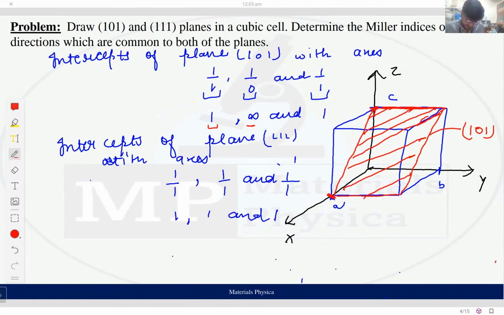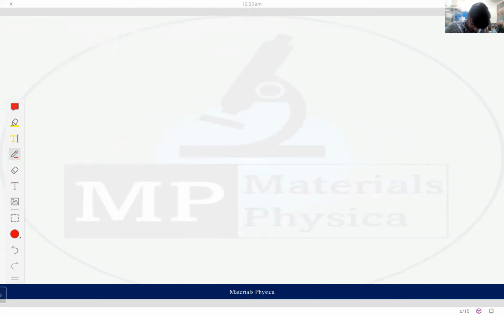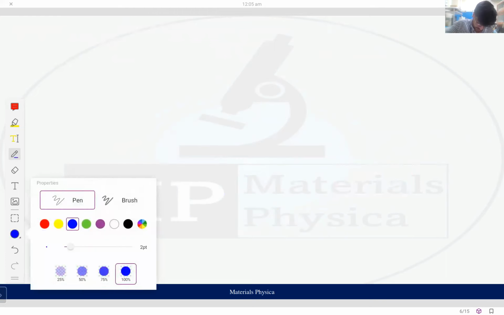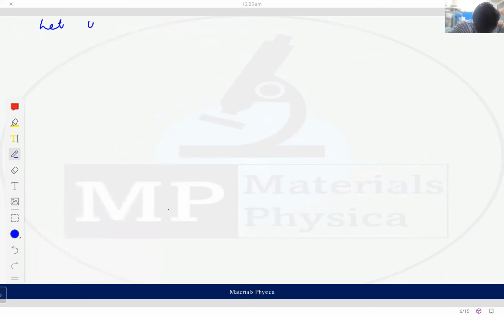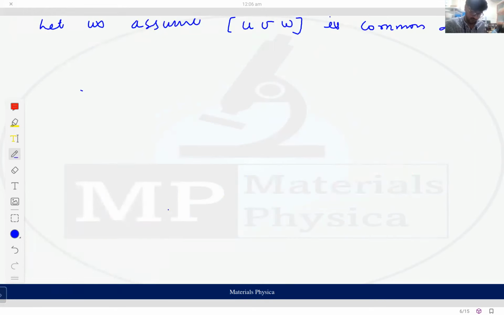So now let us assume UVW is the common direction of both of the planes 101 and 111.